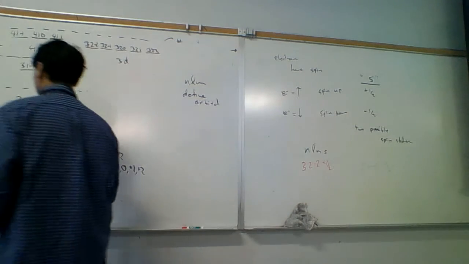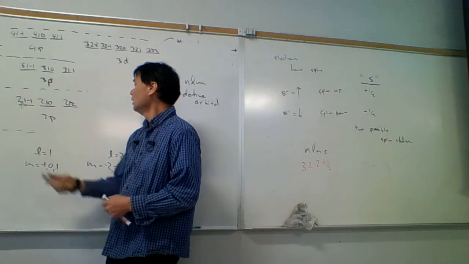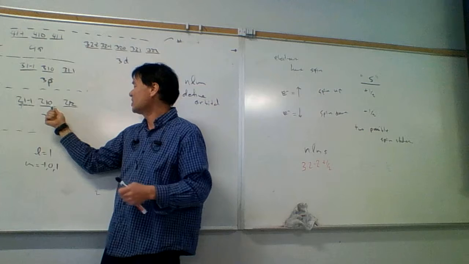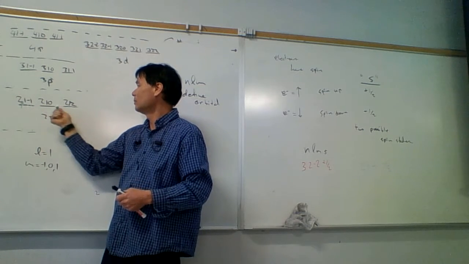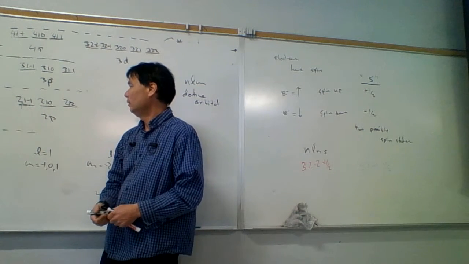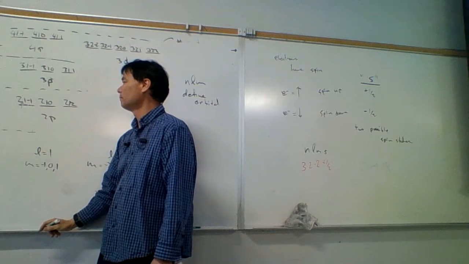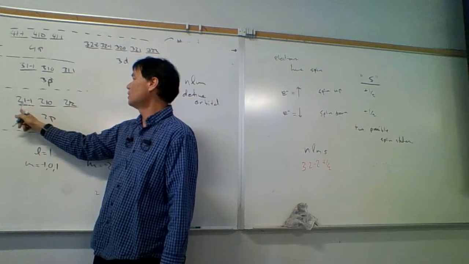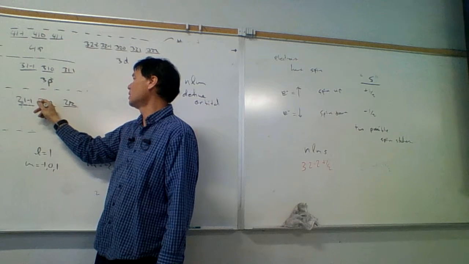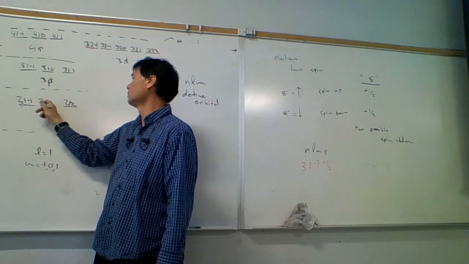Hund's rule says this: when we're filling energetically degenerate orbitals, these 3 orbitals have the exact same energy, then it's lower in energy to fill these one at a time.